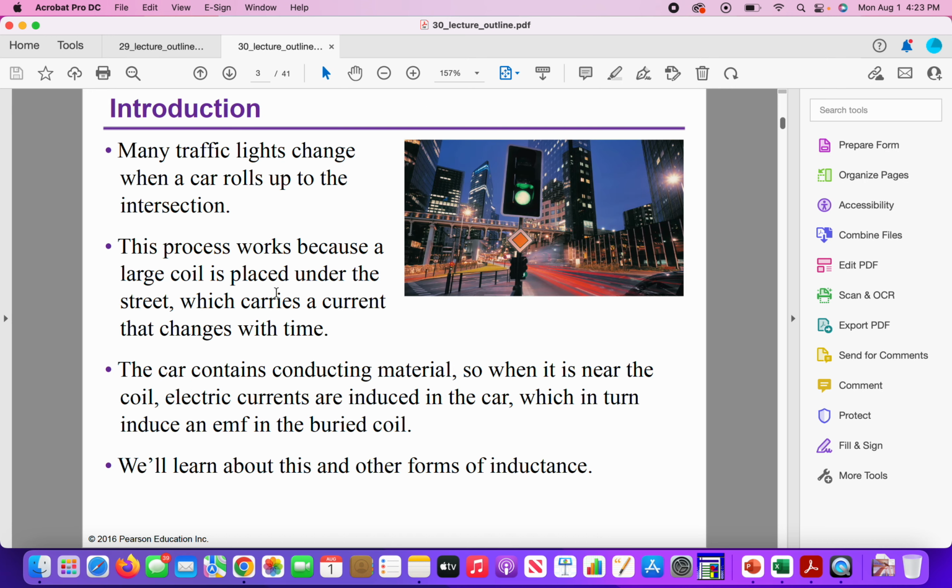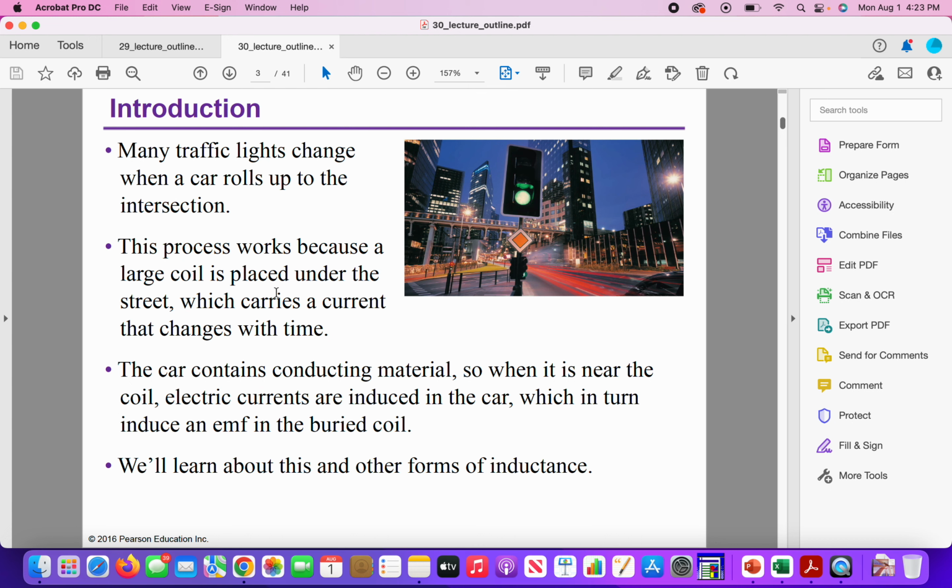Sometimes, I don't know if you are aware of this, you're going to reach a traffic light where nobody else in the other lanes is waiting, and then your traffic light is going to be green. This process works because we have a large coil placed under the street that has a current that is changing with time.